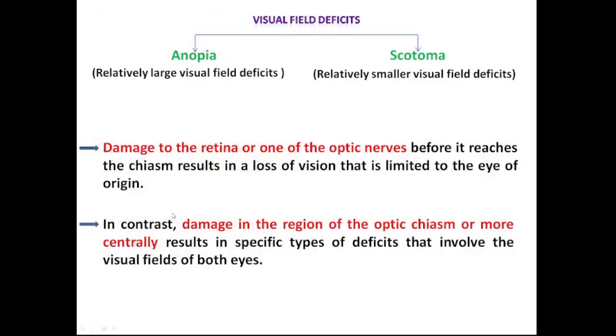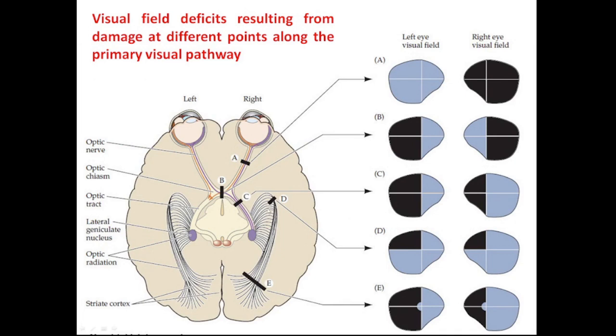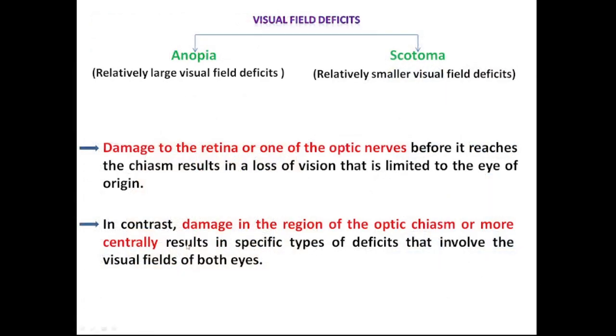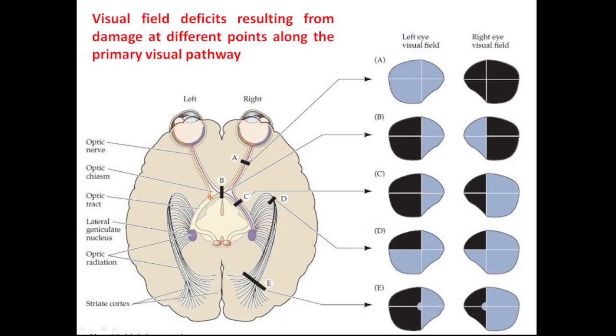In contrast, if you damage the region of the optic chiasma or more centrally, both eyes will be affected. It results in specific types of deficits that involve the visual field of both eyes. That is very important: damage at the level of the optic nerve or retina affects only that particular eye, while damage at the optic chiasma and more centrally damages the visual field of both eyes.